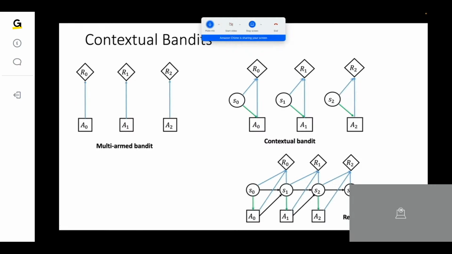We're still a bit far from reinforcement learning, where we would be connecting the states together. That is one way to model that the current action has an effect on the environment, which persists over multiple time steps, which is not yet modeled in contextual bandit.